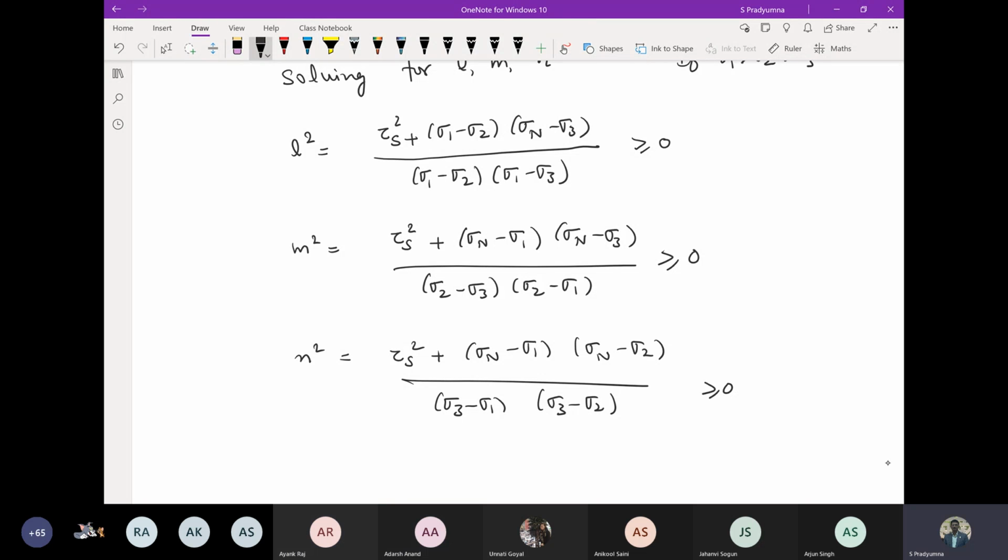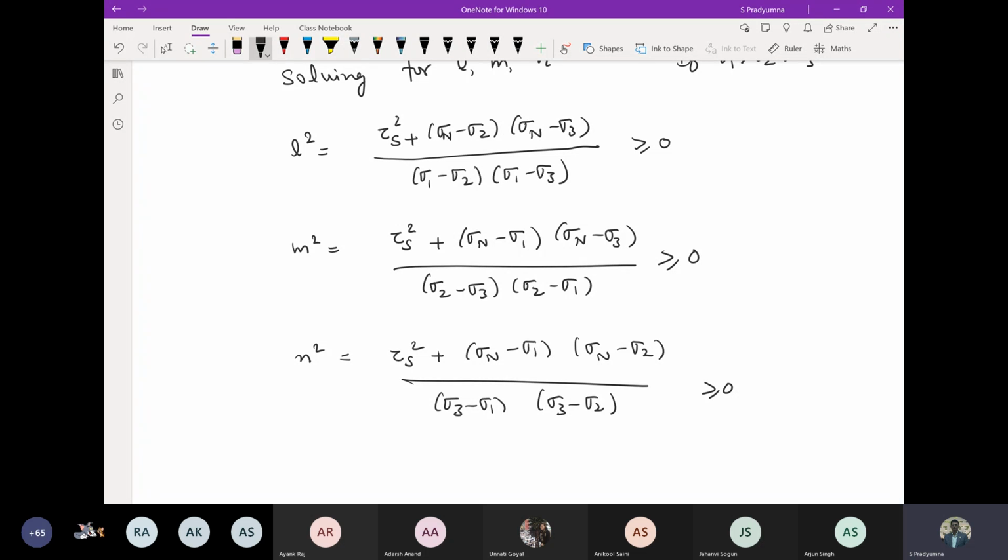This should be sigma n minus sigma 2, right? Yes, correct. You are right. That's correct: sigma n minus sigma 2.